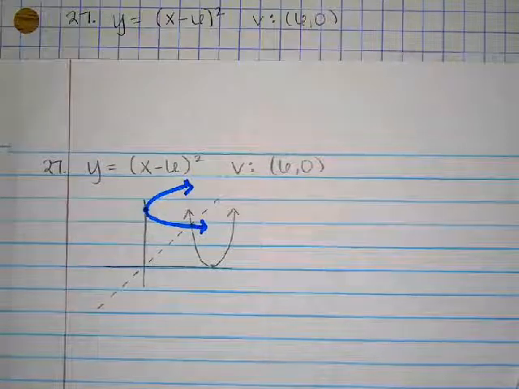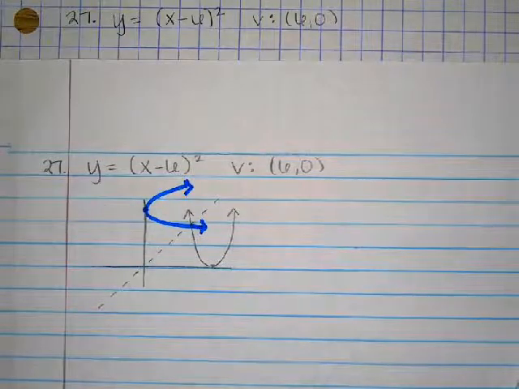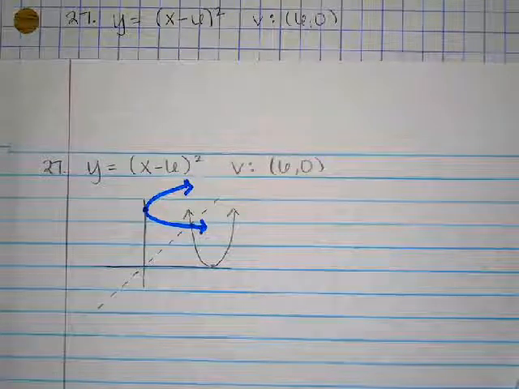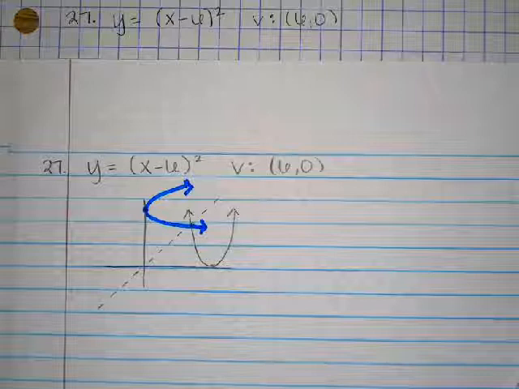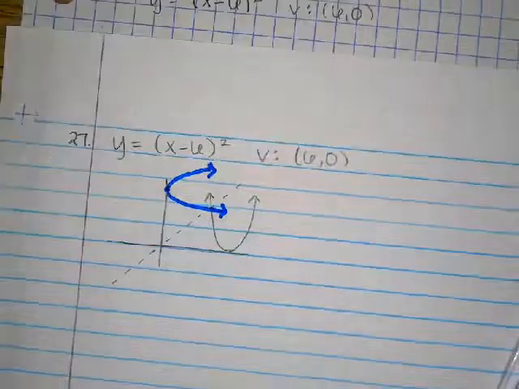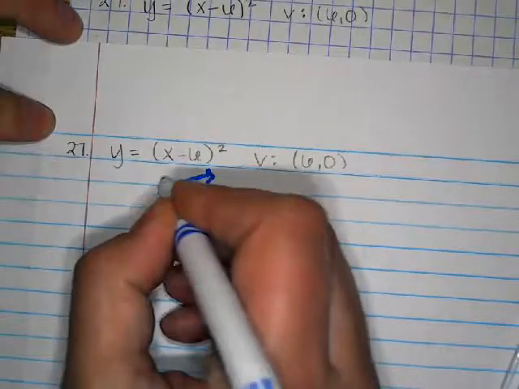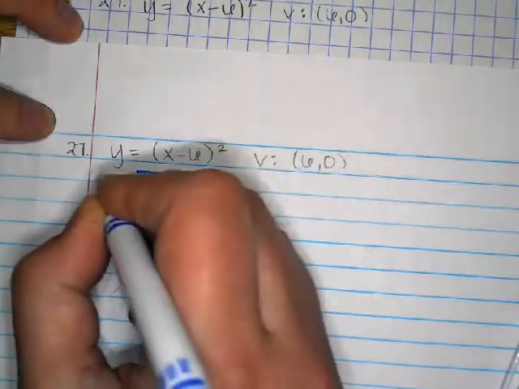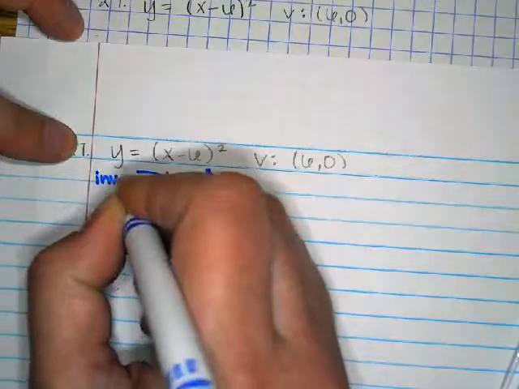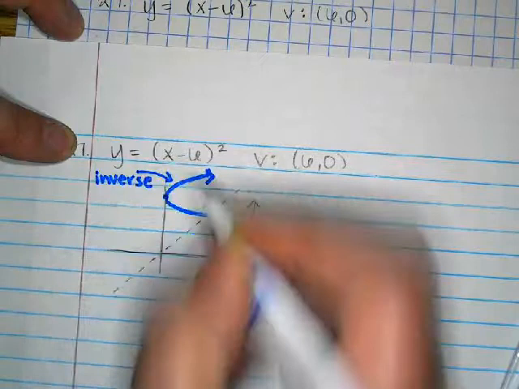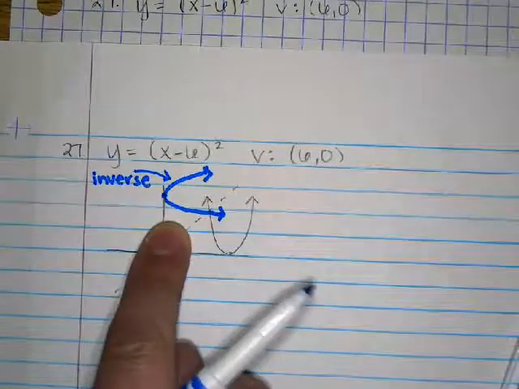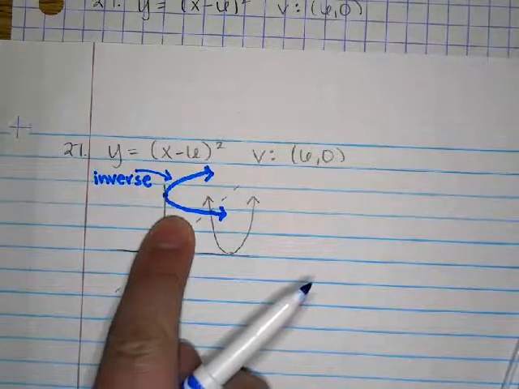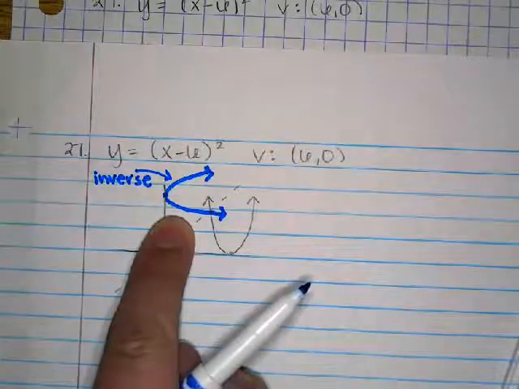So the instructions, somebody read me the instructions again. Okay, so that an inverse function can be found. So this right here is the inverse. Is the part that I drew an inverse function?